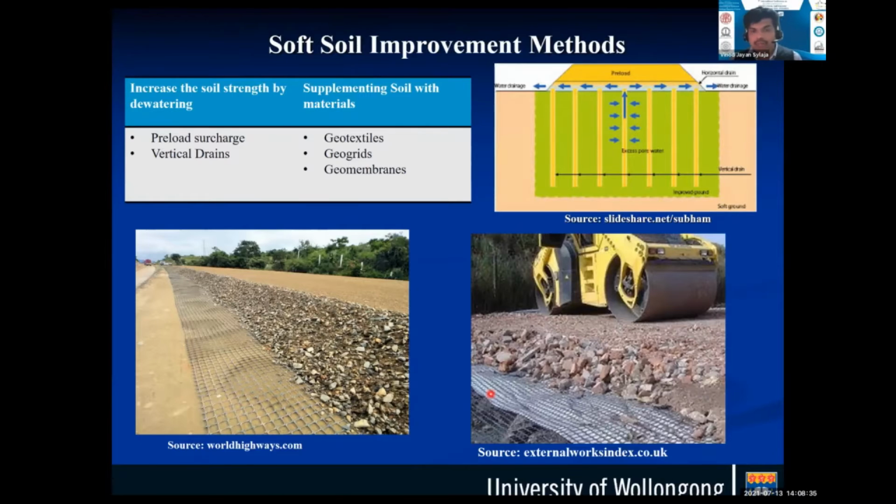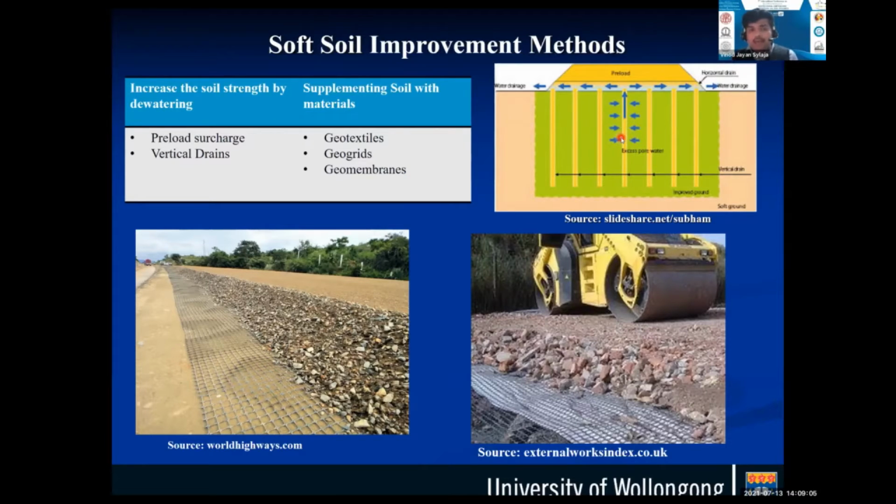We have preloading, which is a pretty old technique, preload surcharge, or using vertical drains. So if you have a soft subgrade, you can use a preload and create additional drainage using vertical drains, and you can accelerate the consolidation process. So we already have quite well-established information on how to improve the soft soil strength using these kinds of techniques.